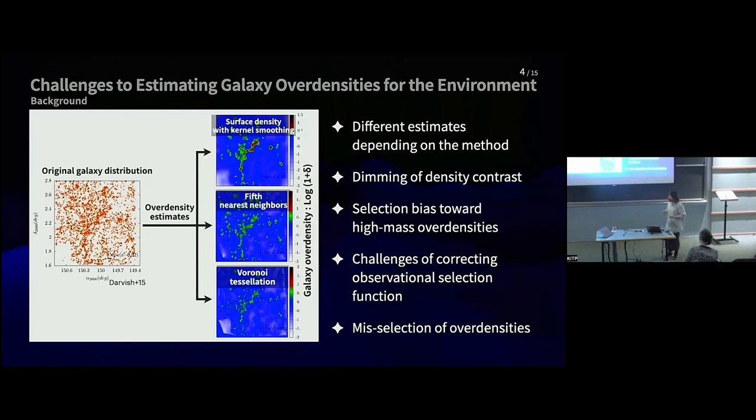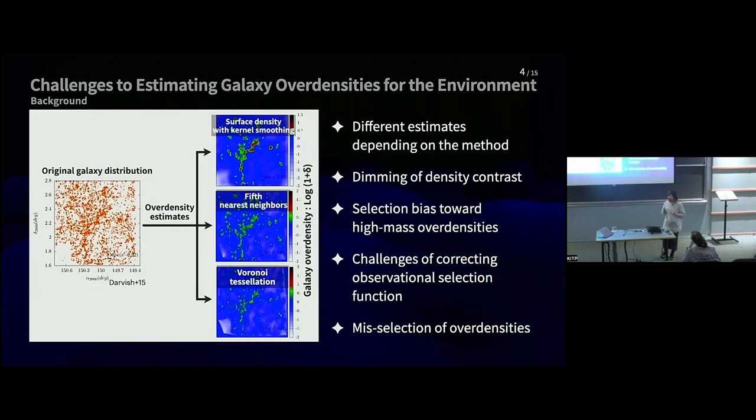Besides, using galaxy distribution itself poses some challenges, especially when we estimate galaxy overdensities at higher redshift. For instance, we may miss many galaxy overdensities with photometric-based galaxy distributions, because photometric galaxies could dim the true density contrast due to the large uncertainty of photometric redshift estimates.